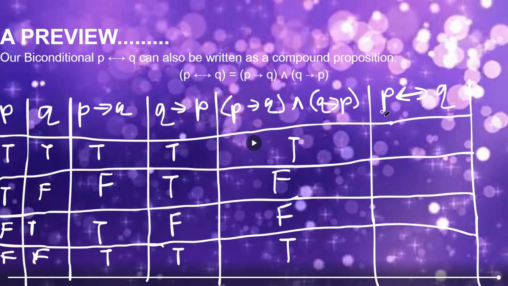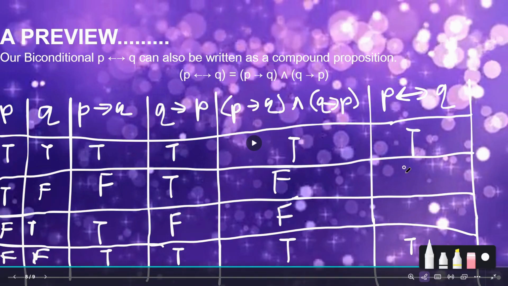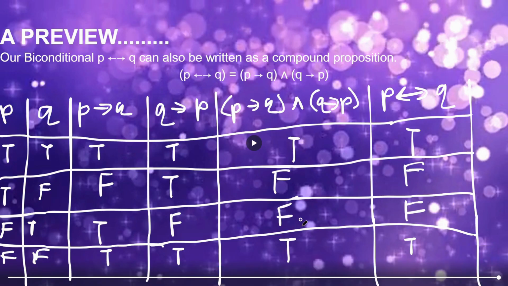Okay, and the last one, P if and only if Q. It's simple. So T and T, and so on. That's the answer of the truth table for the compound proposition.